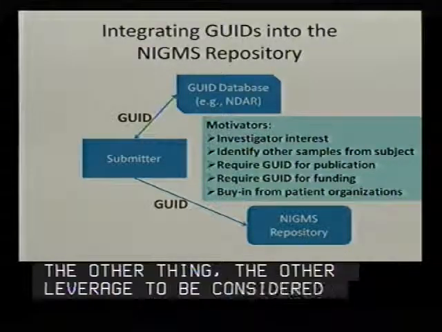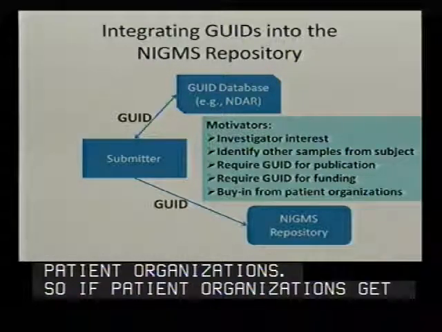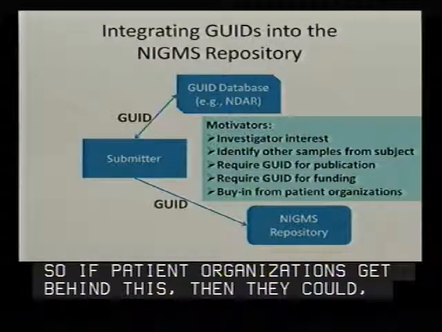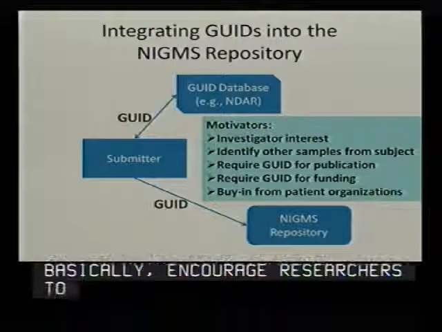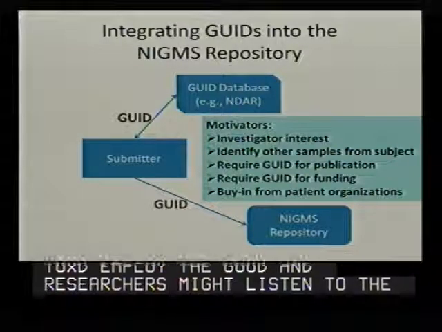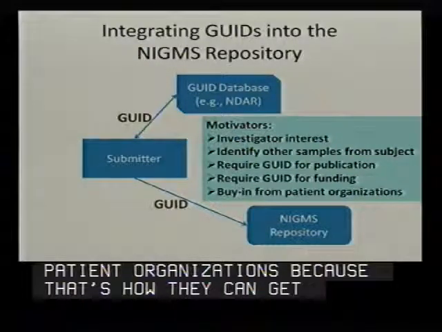If patient organizations get behind this, they could encourage researchers to employ the GUID, and researchers might listen to the patient organizations because that's how they can get patients. So anyway, these are a few things to consider.